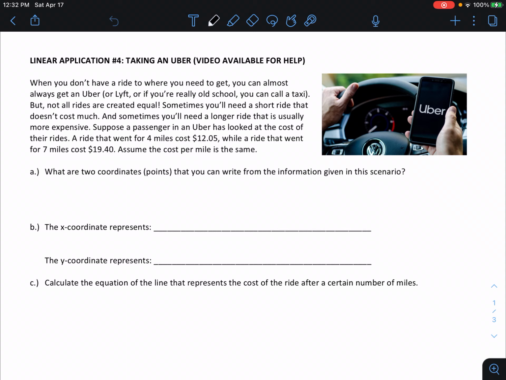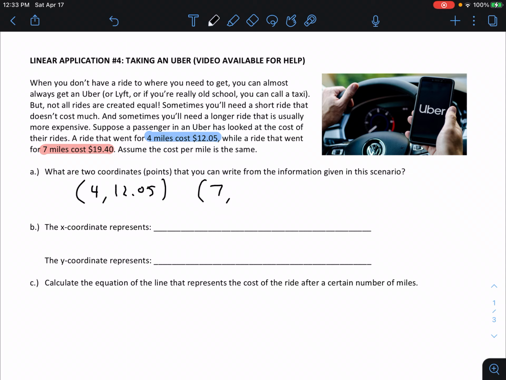Okay, so we just need to come up with 2 coordinates. So again, we look at the important information here. There's one piece that's pretty important, and here's another one. So we can come up with 2 coordinates. The first one I'm going to call (4, 12.05). Now this one's going to be interesting because of these decimals.